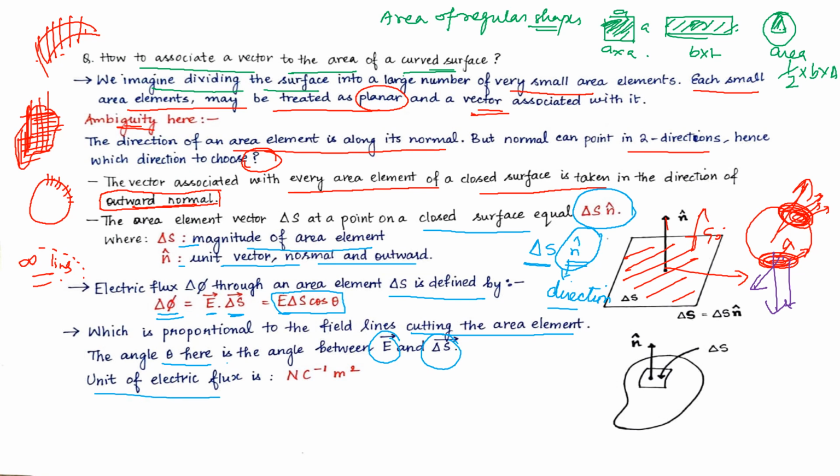The unit of electric flux is Newton meter square per coulomb, or Newton per coulomb meter square. Meter square is not in the denominator, it's in the numerator. Okay. So now I will give you a concise summary of what we have read in electric flux.